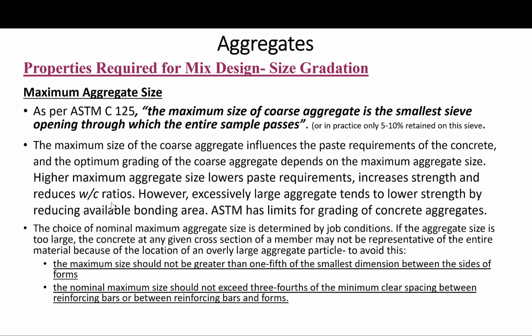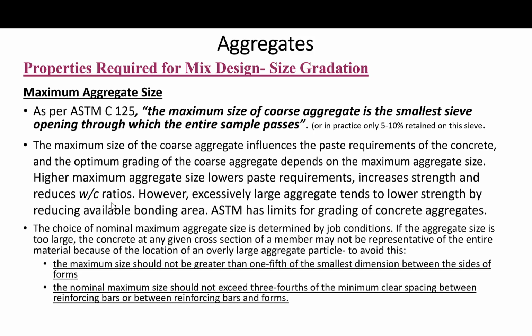To avoid this problem, the nominal maximum size should not exceed 3/4 of the minimum clear spacing between reinforcing bars or between reinforcing bar and the forms. Okay, so we have those two criteria when selecting maximum aggregate size, especially for reinforced concrete members.